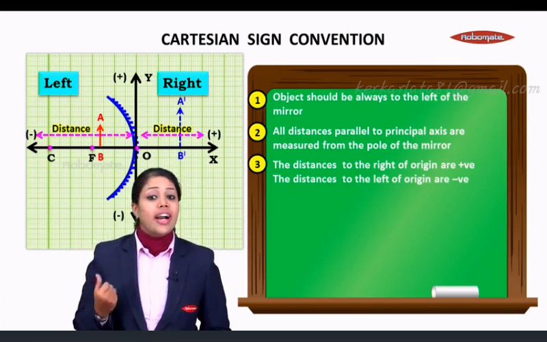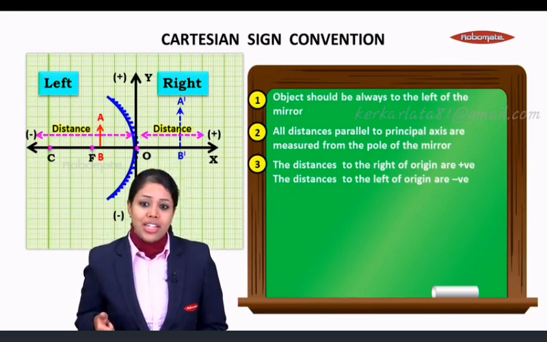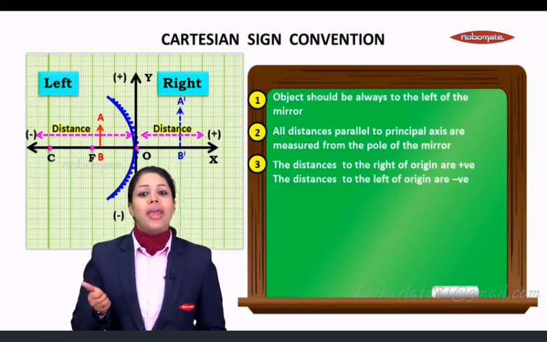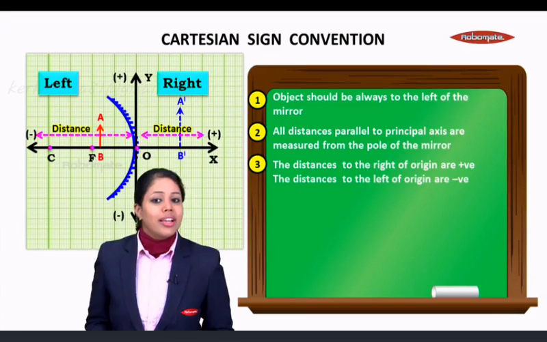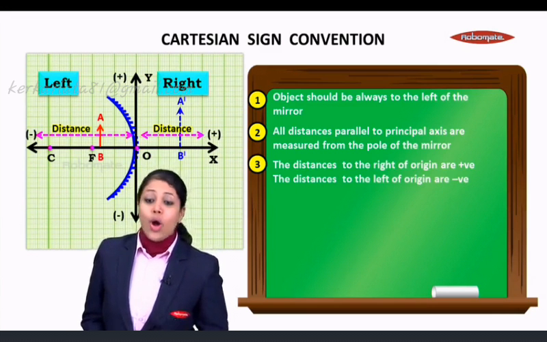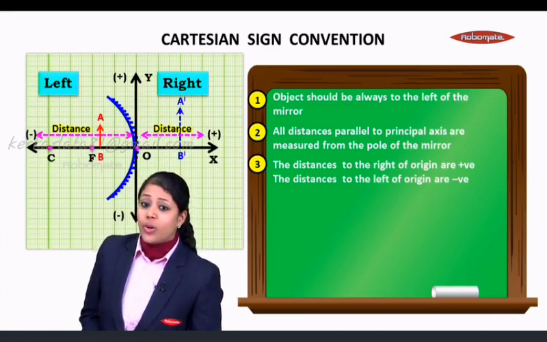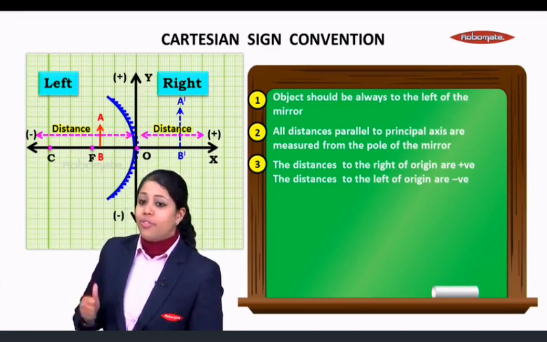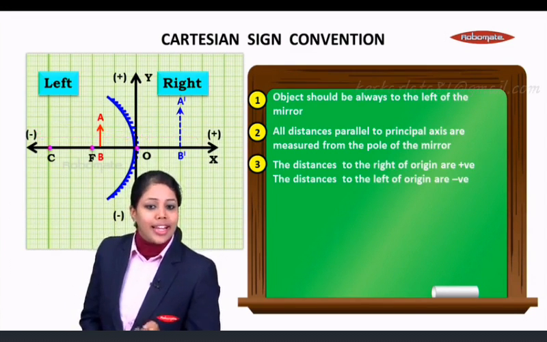Now, if I get a real and inverted image, I will get it on the left hand side, so that time the image distance will also be negative. So it depends. Object distance is always negative, but image distance, if it is to the right, will be positive. If it is to the left, it will be negative.